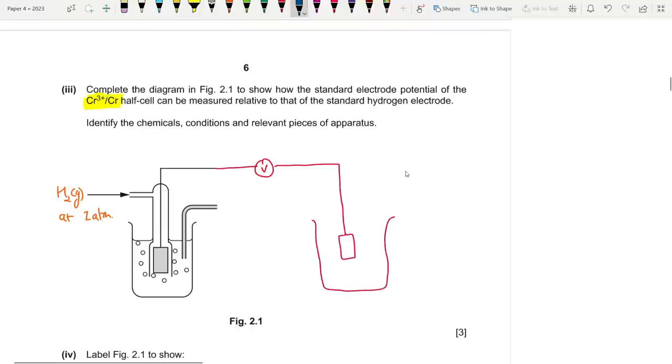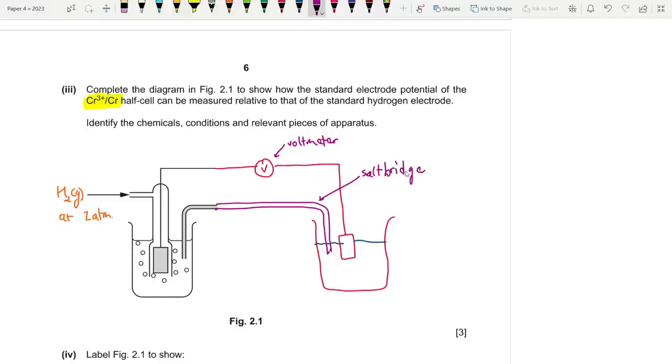So if you draw the beaker, it's something like this. It has to be immersed in the water, by the way, like this. And we have to continue drawing the salt bridge. The salt bridge will have to go down to the solution to actually complete the circuit. Okay, so let's label things. This is our voltmeter. This is the salt bridge. This is the chromium solid electrode.